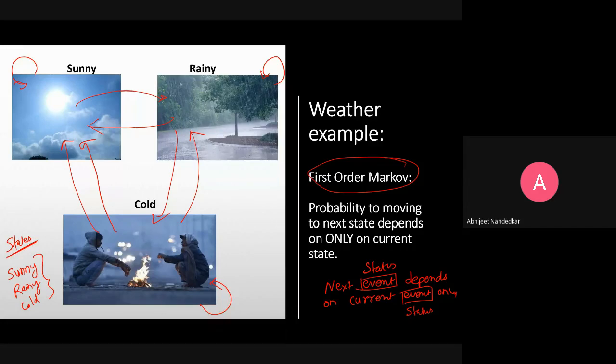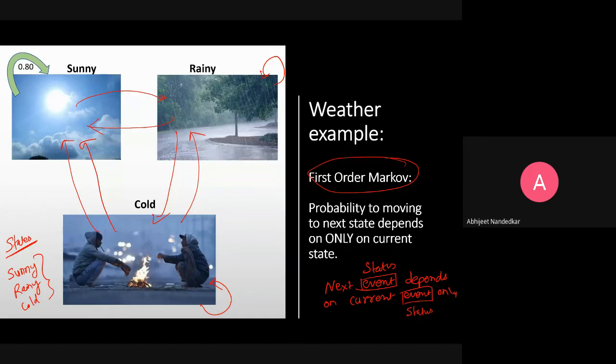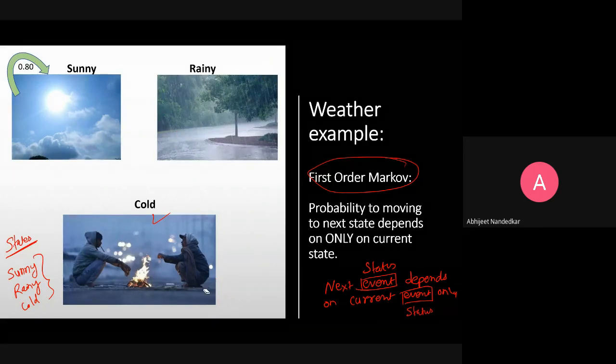Then we have a transition from sunny to rainy. Say day one is sunny, then what will day two be? You have to make a prediction. There is an 80% chance that when it is sunny, the next day is also sunny. So this is the probability of occurrence of the state.